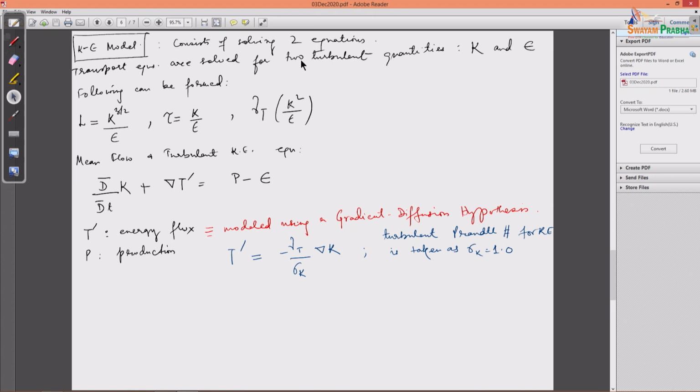Okay, so mean flow and turbulent K equation is this, and we use a gradient diffusion hypothesis to model the flux, which is given here. So let me start from there.